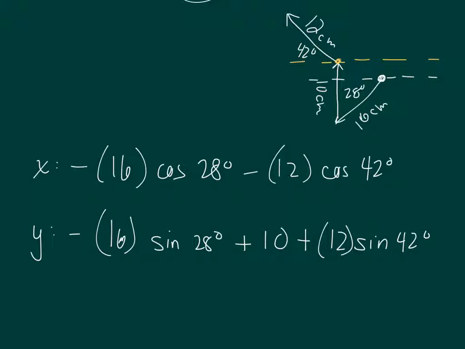So as a result, we can come up with the answers for these. Go ahead and type this in your calculator in one line. Do the x in one line, do the y in one line. Because the other ones were negative, we subtract them. When it's a negative, you put a minus sign. When it's a positive, you put a plus sign.